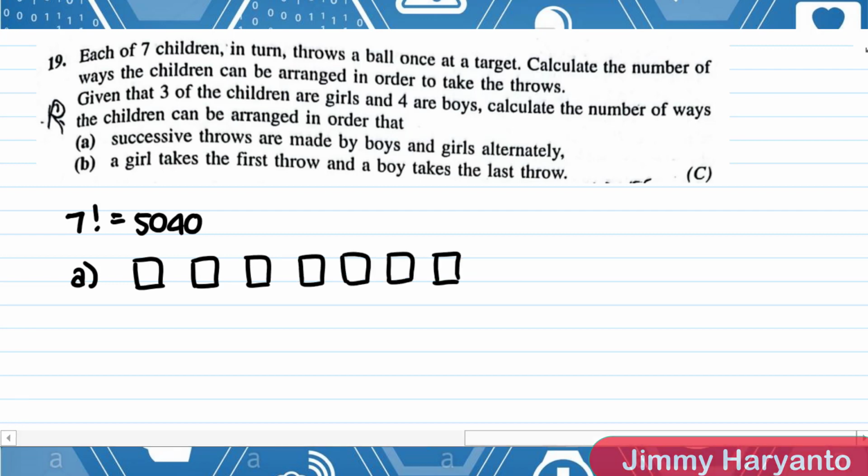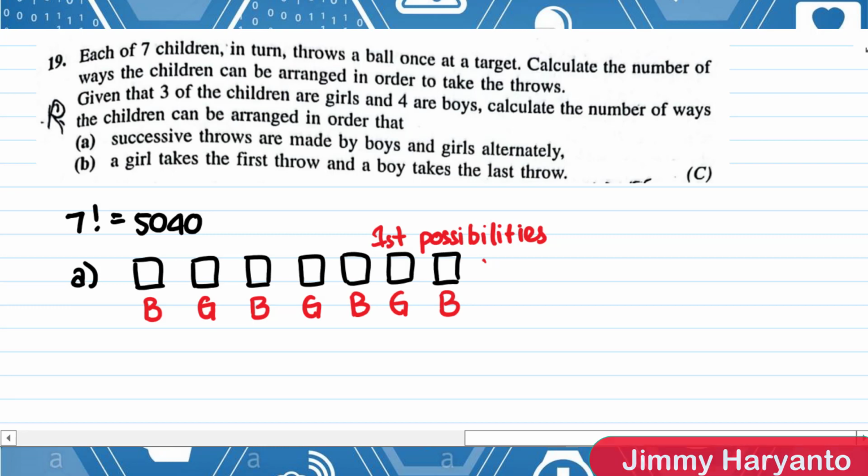So the first possibility is that the first throw is made by a boy, and then alternately, that means after boy should be girl, boy again, girl, boy again, girl, and then boy again.